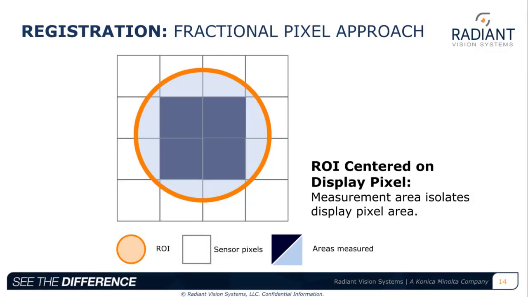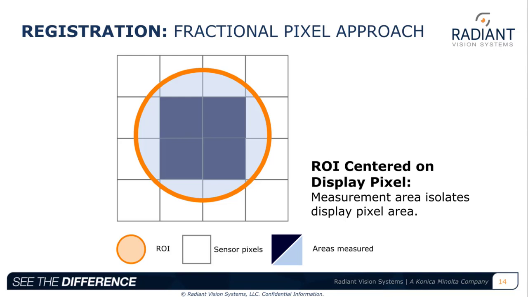The fractional pixel approach solves this issue by not restricting the ROI to be centered on a single sensor pixel. Instead, this ROI can be anywhere in the image, and where it's located is determined by weighting the luminance of each pixel and setting it to the centroid anywhere in the image, thus matching the ROI with the exact center of the display pixel.